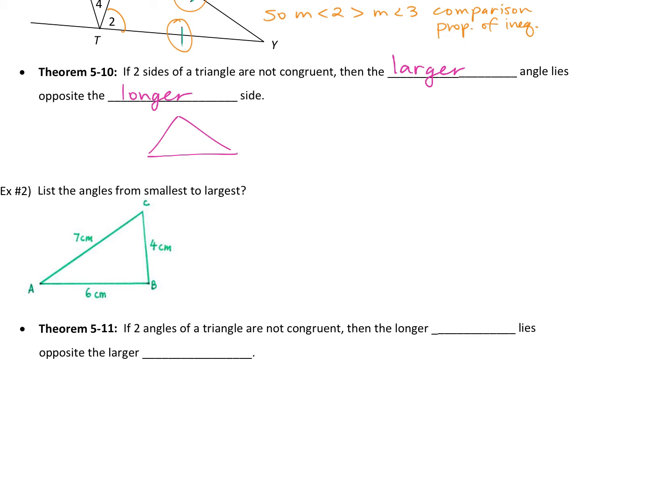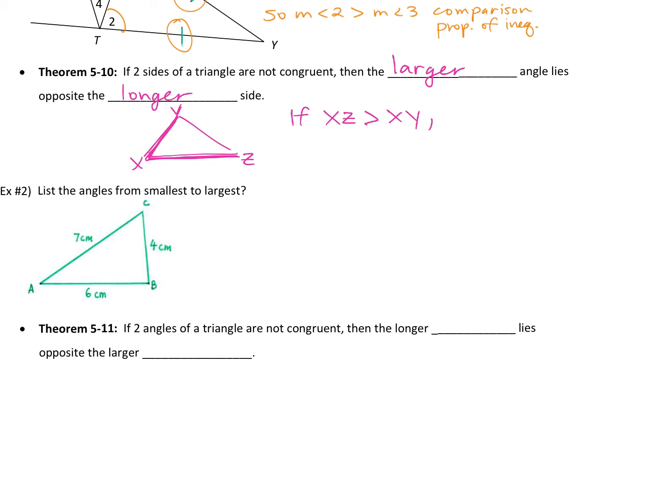If I have this triangle, and this is X, Y, and Z, basically what we're saying is if XZ, the length of XZ, is greater than the length of XY, which you can see in this picture it is, then the angle across from it is bigger than the angle across from the other.